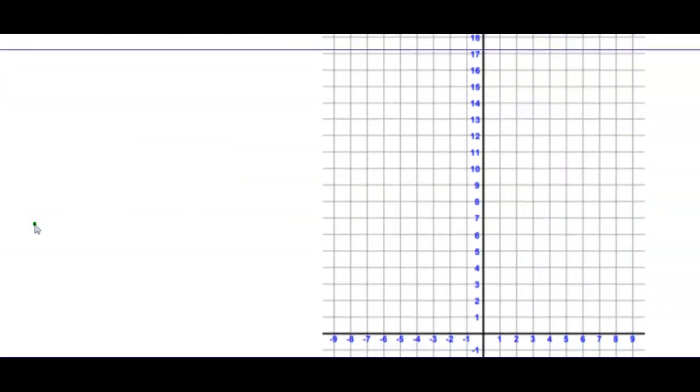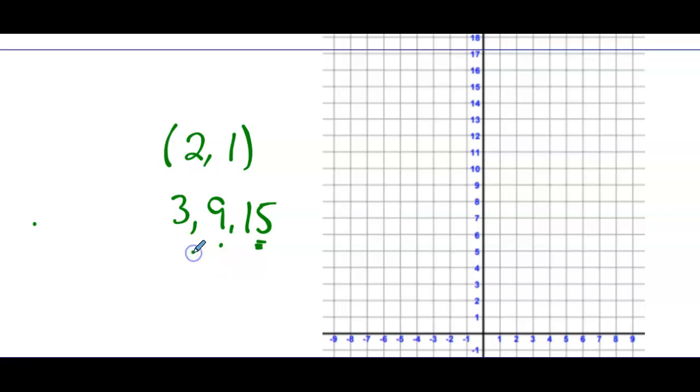Okay? So how am I going to graph this? So my vertex was 2, 1, and my building numbers changed to 3, 9, and 15. We're not going to do this one. We're just going to do these two. All right. So my vertex is 2, 1. Go over 2, up 1, draw your dot.